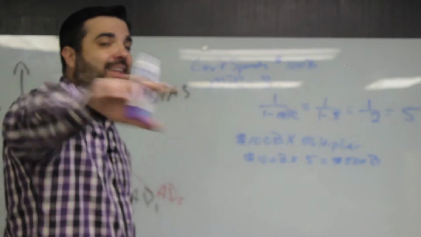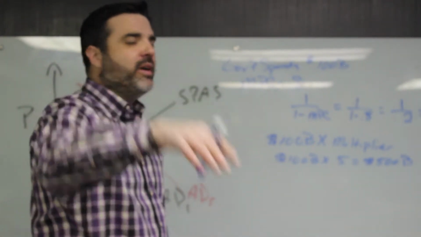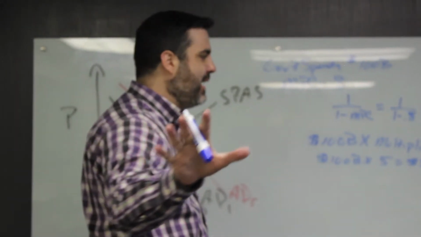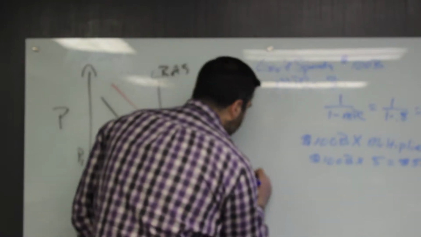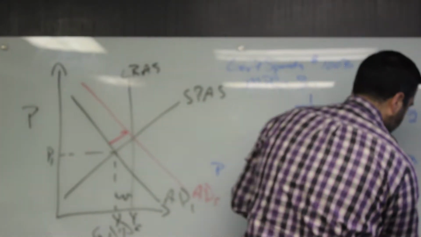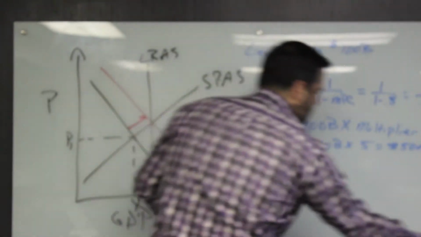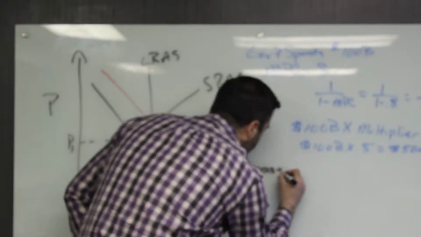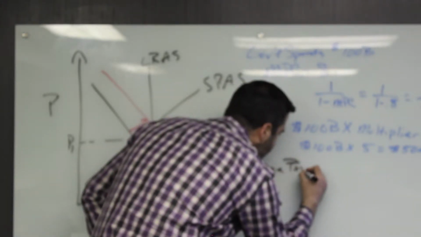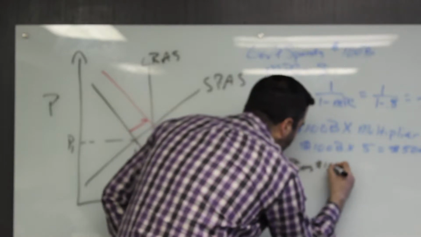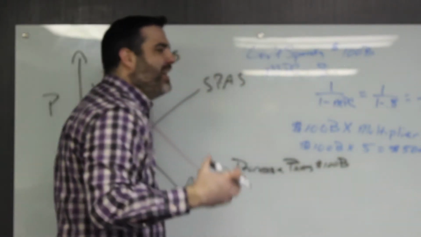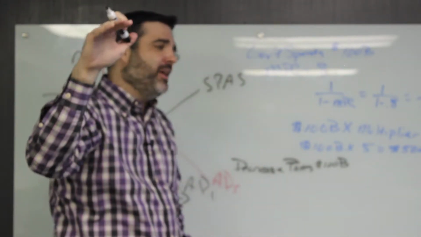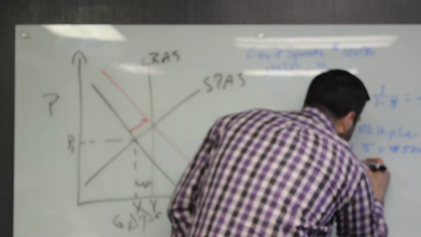Now let's say, and we did not talk about this last week, the government said we'll give $100 billion in tax cuts. Now tax cuts have a different impact on the economy, and I'll tell you why. Let's say they're going to decrease taxes by 100 billion. Well, the tax multiplier is different than the regular multiplier.